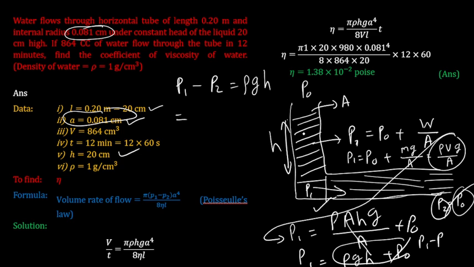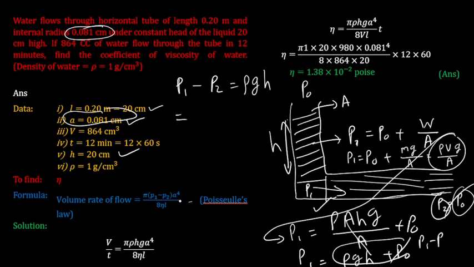In Poiseuille's law, we have this setup, and Poiseuille derived an equation from which we can calculate the viscosity of liquid. We simply have to set the liquid in flow through this type of tube, and then measuring certain values, the pressure difference, the radius of the tube, we can calculate the viscosity of liquid.